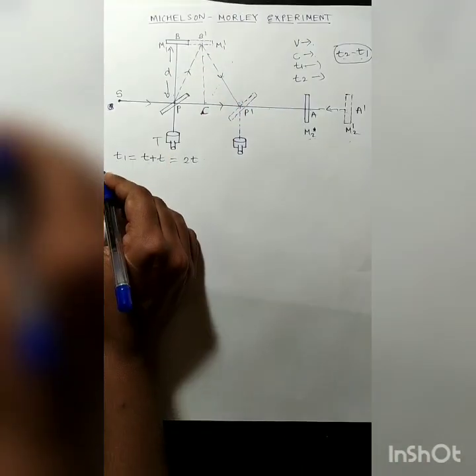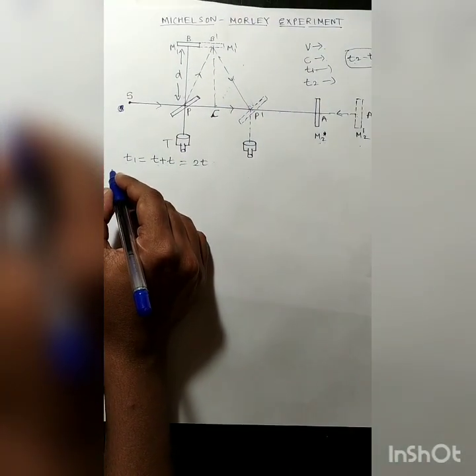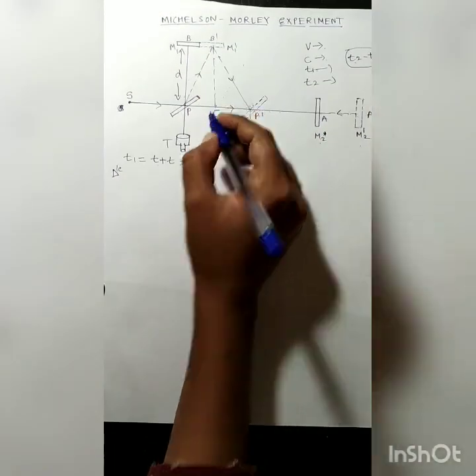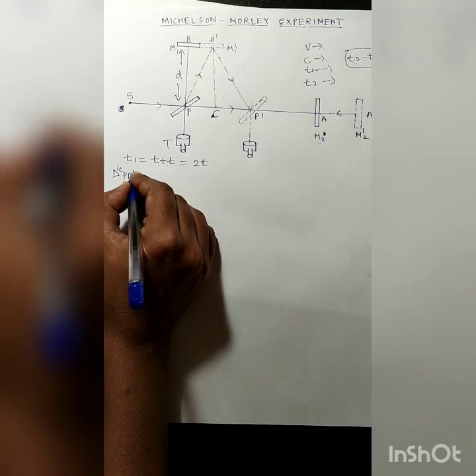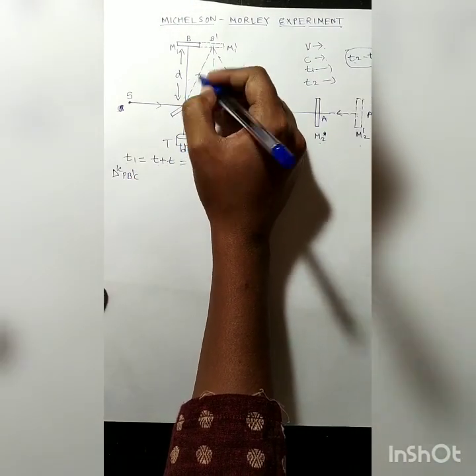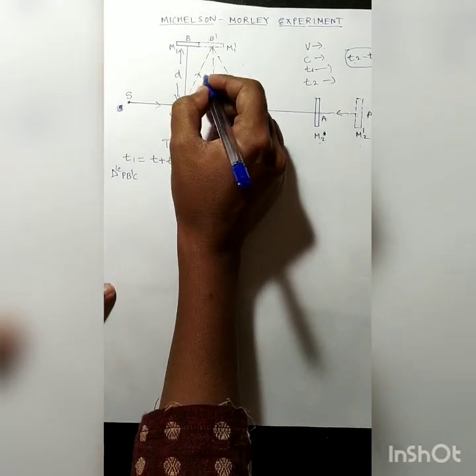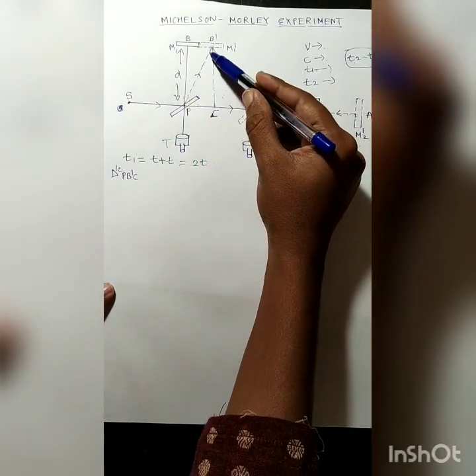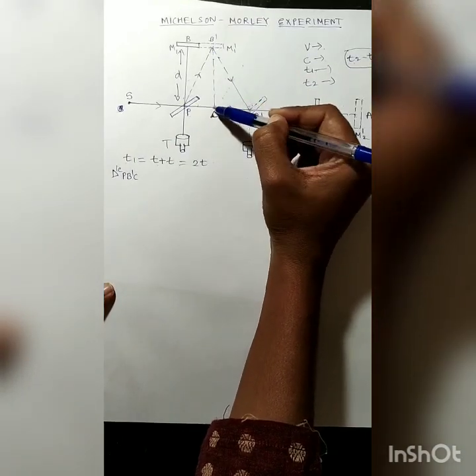For that I will consider a right angled triangle PB dash C. I will consider the triangle PB dash C to calculate the time. From the Pythagoras theorem, if you apply it to this triangle, you can say the hypotenuse squared is equal to this square plus this square.